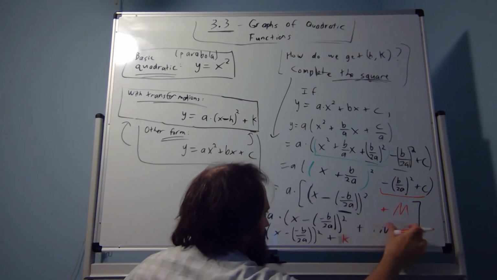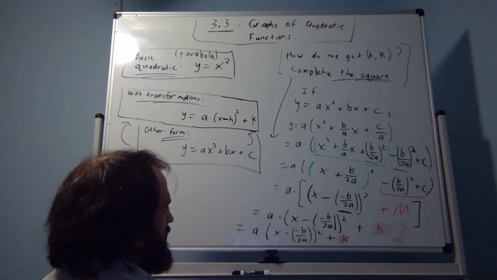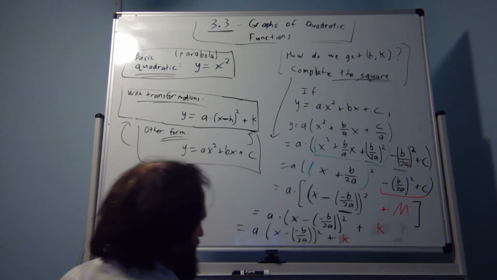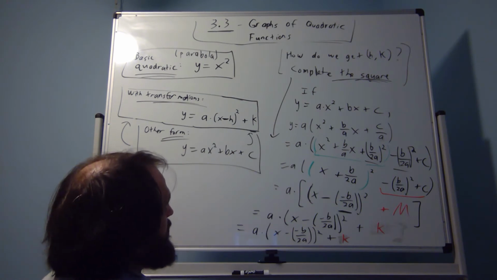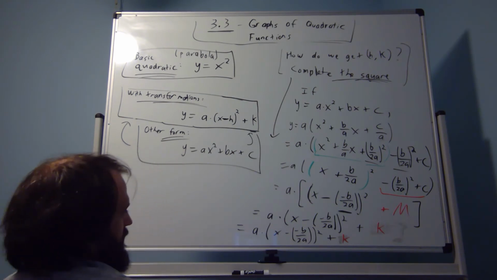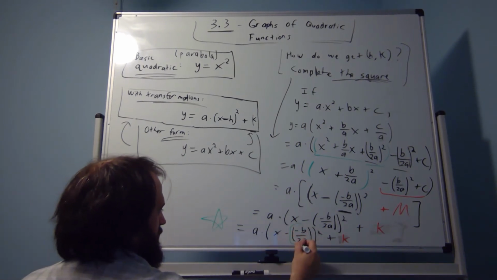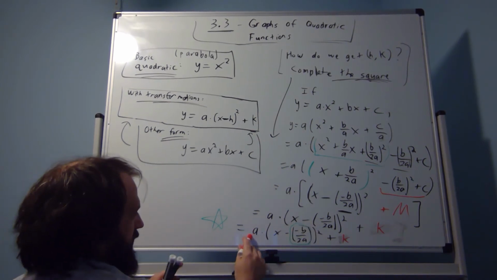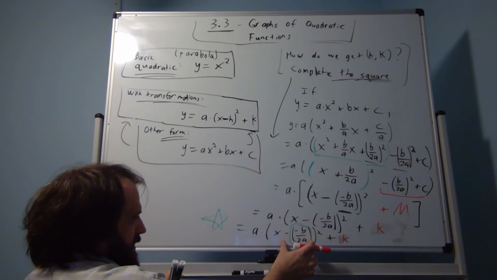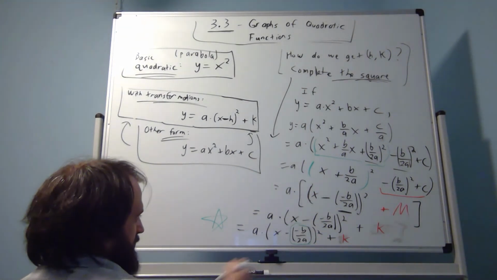We just give it whatever we end up with. We'll worry about that later. We have to solve for k eventually, but the big thing that's super duper important is we've written it as a times x minus something squared plus k. So that thing is h.